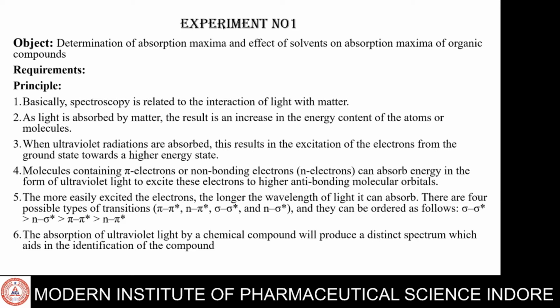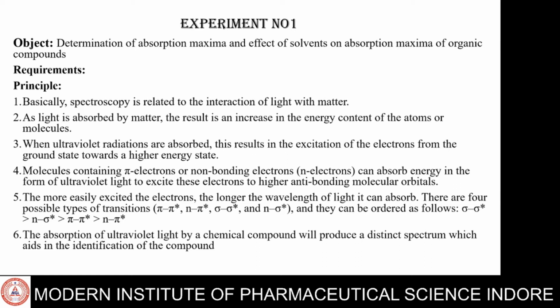Basically, spectroscopy is related to the interaction of light with matter. As light is absorbed by matter, the result is an increase in the energy contained in the atoms or molecules. When ultraviolet radiation is absorbed, it results in the excitation of electrons from the ground state to a higher energy state.